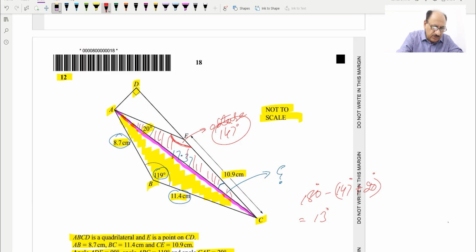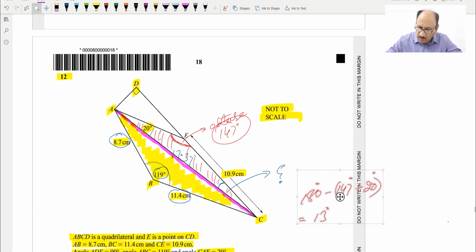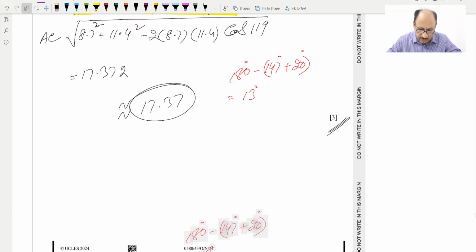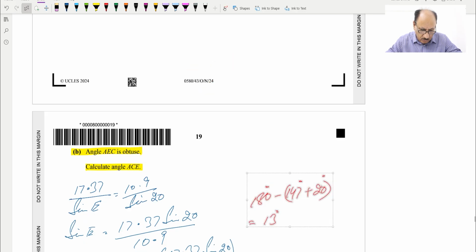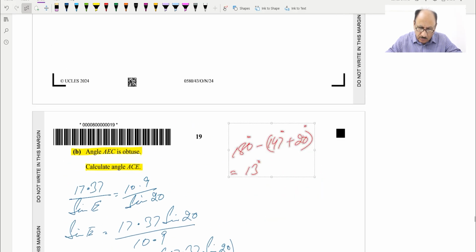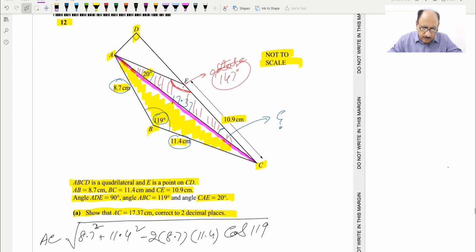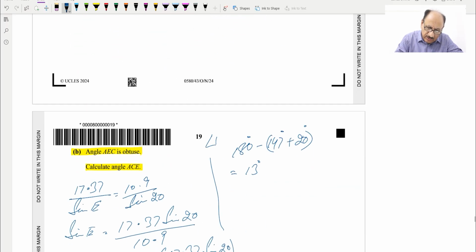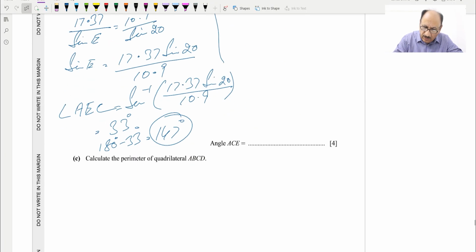And this thing which is required at the proper location, we can shift over here. Okay, so this one is done, and this is 13. Now angle ACE is 13, so we can write angle ACE is equal to 13. This is done. Our proper answer will be over here, and this was for 4 marks.